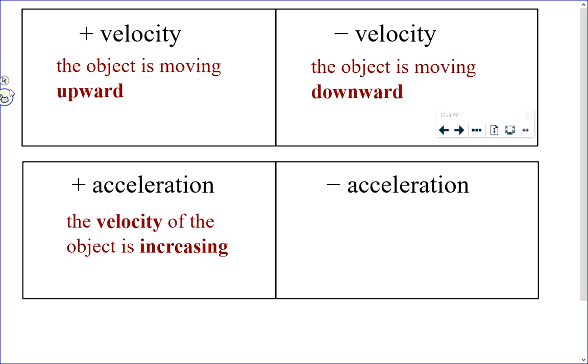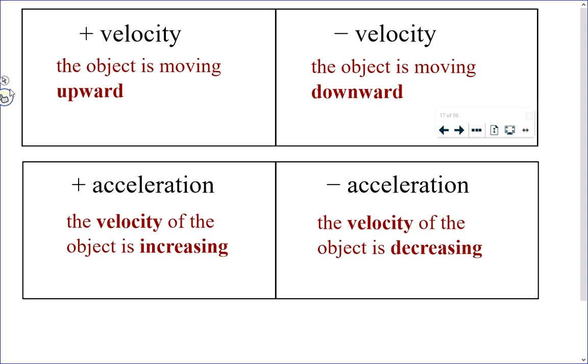What it means is the velocity is increasing. And I know that you might look at that statement and go, well, if the velocity is increasing, it must be speeding up. No, it doesn't have to be. I'm going to show you an illustration of what that means and why that comes about, but I'm going to use the negative acceleration to explain why these things don't necessarily mean the object is speeding up or slowing down.